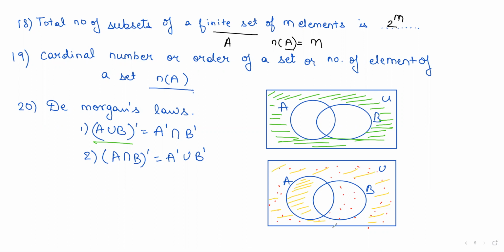And what is common? The region where you have both the dots as well as lines. This region is not in common because there are only dots over here, and this region has only lines. So from these two Venn diagrams, you can see that the first equation of De Morgan's law is proved.